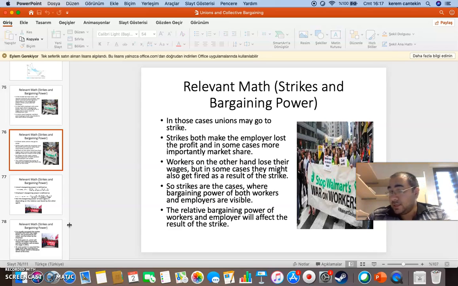In some cases, even if you know the other side's bargaining power, you might want to show your bargaining power. And in other cases, you might even want to impress other workers. Strikes might be a way to impress other workers. I mean, forcing your employer to give a higher wage by strikes might be something powerful for the unions.